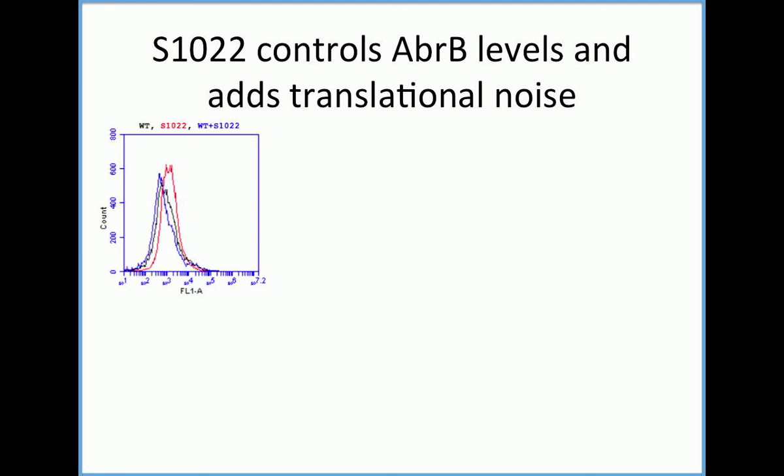And when we delete S1022 from the strain, this shifts the level of GFP being detected to the right, which suggests that there is more AbrB being made, and it also changes the mean and the median of the expression. And then the wild type also changes the mean and the median of the expression and shifts it back to the left.